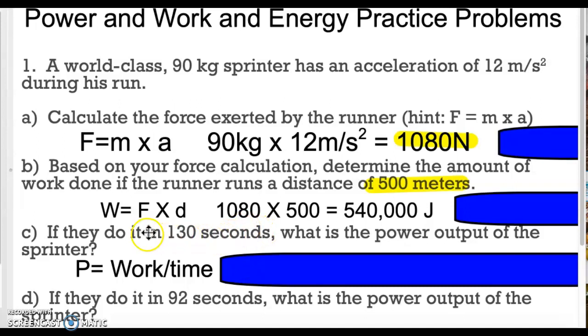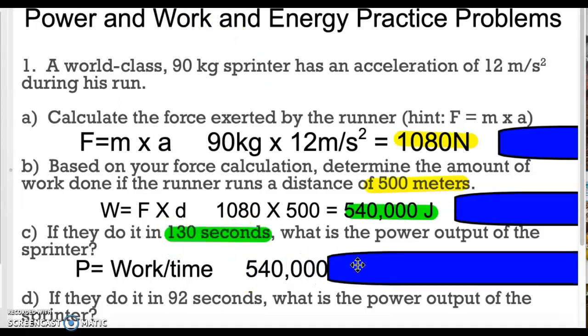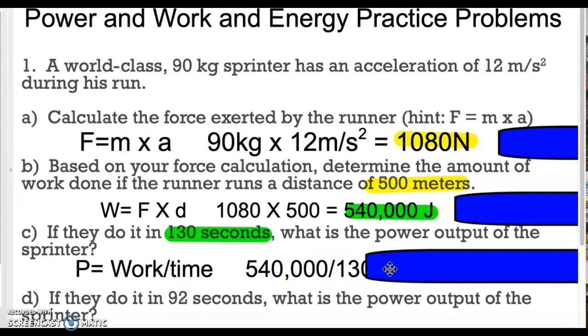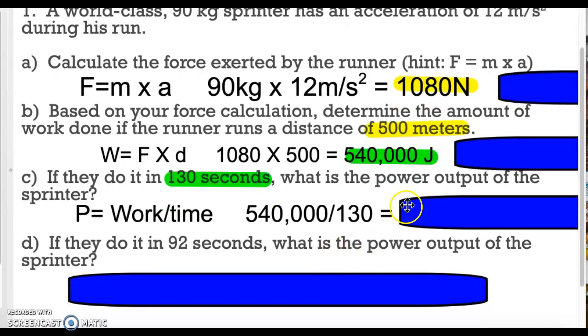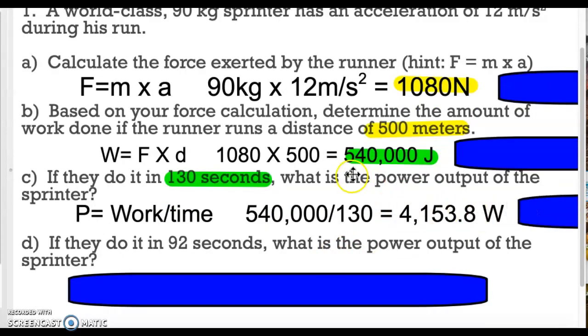The work number was determined in the previous question, and the time is in the question, 130 seconds. So you take your work number, 540,000 joules, and divide it by the time, 130 seconds. If you put that into your calculator, you should get 4,153.8 watts. And don't forget the W.